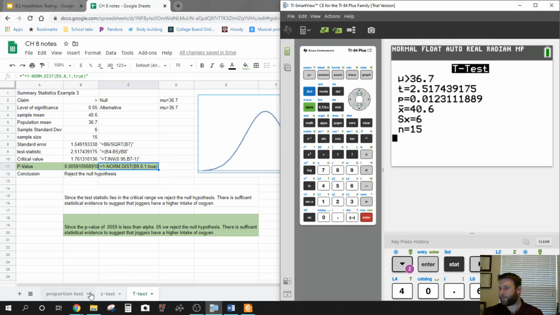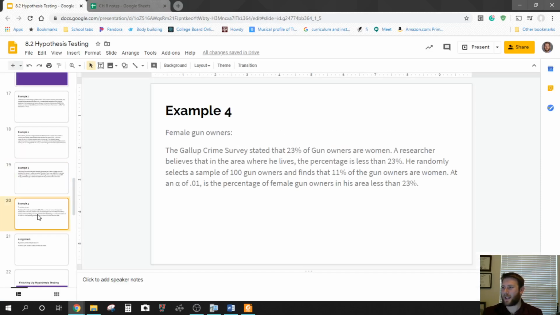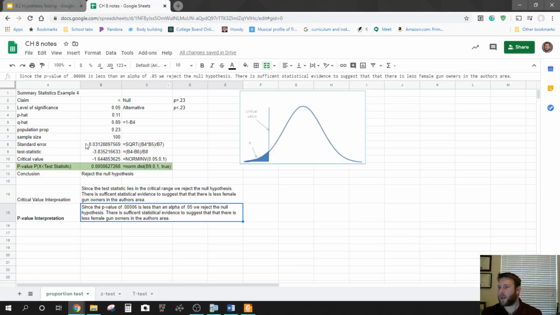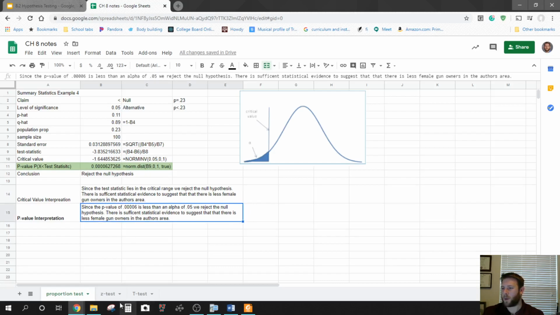But in the meantime, the last one we have here is our proportion test. This is our last example, for female gun owners. So looking at our female gun owners example, we've already done all this stuff before. The only difference now is that here is our test statistic value and we get 0.006.